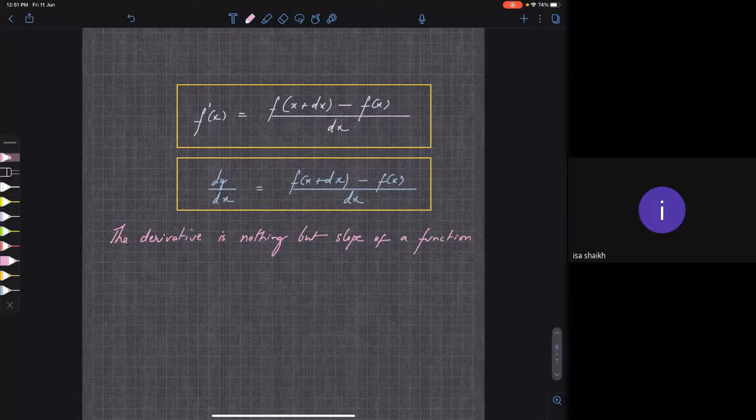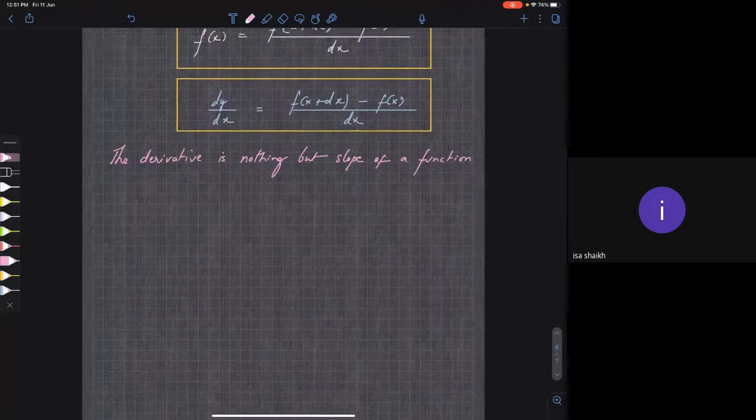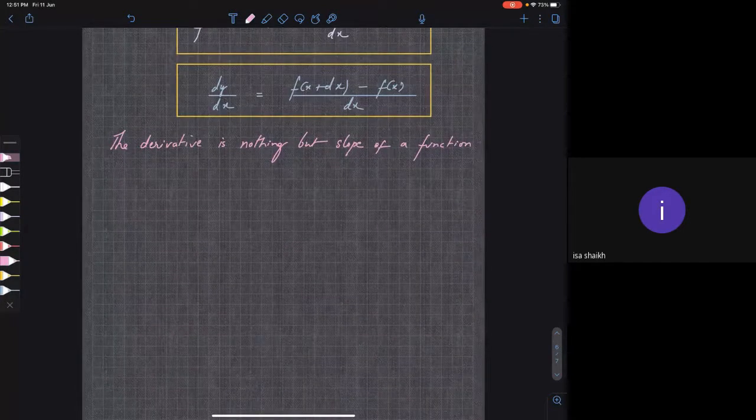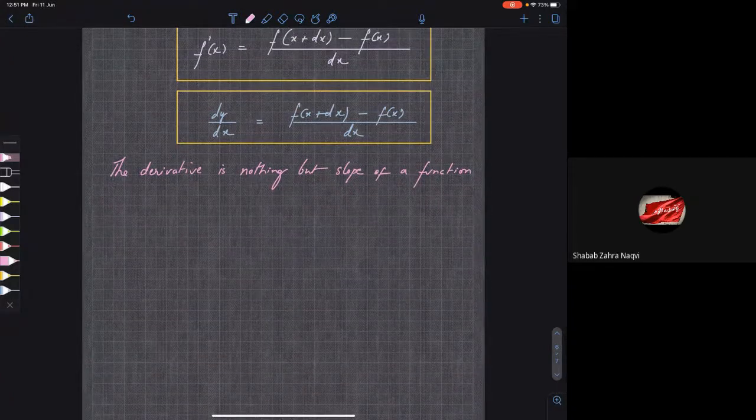Tomorrow I'll give you all the derivatives, but today I'll give you one example and you will understand what I'm trying to say. Okay. Now you know that x square is not a linear function. Its slope is different at different points. Can you agree with that? Yes, sir. Now let me find the slope of the function y equals x square, and I will prove it to you.